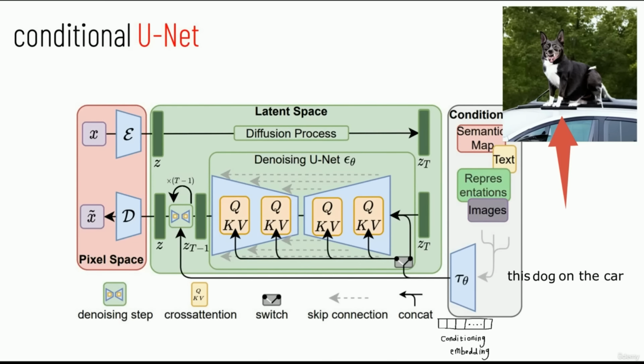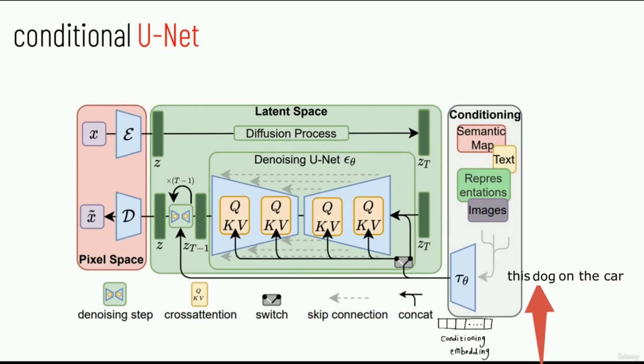Now let's change one word in this text. Let's change dog to cat. We will convert this text into text embedding, and we will pass it through our U network, and we will do reverse diffusion to create an image based on this text.